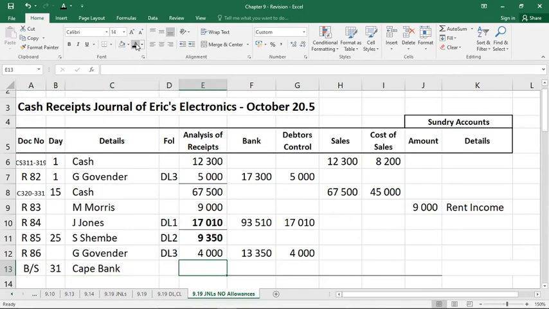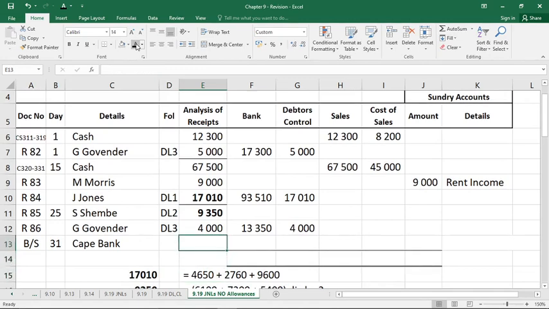Analysis of receipts, we do not put a figure in here because we are not receiving this in cash. It's going straight to our bank account. So bank gets 370, we put it to sundry as 370, and we write interest income. We could also say interest on current account maybe, or interest on bank account if you want, but the simplest is just to say interest income.